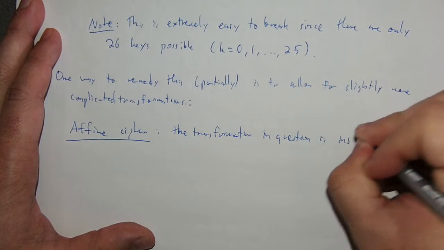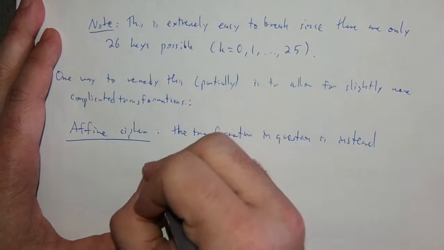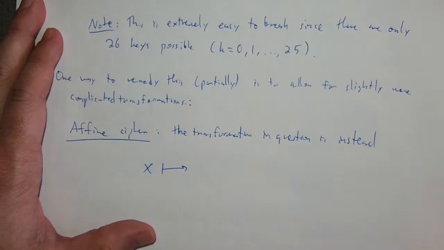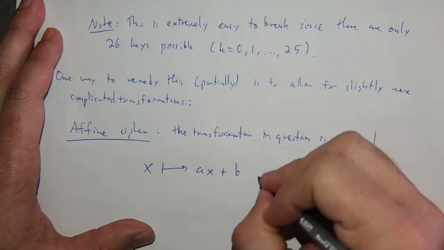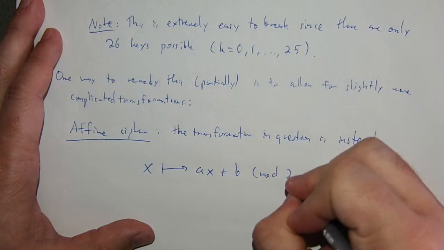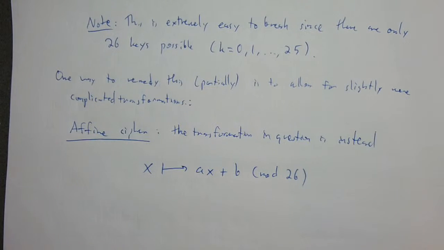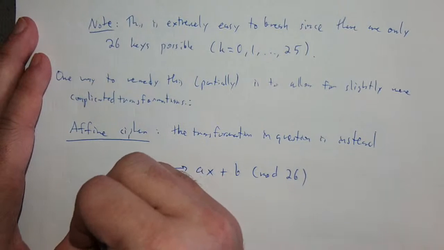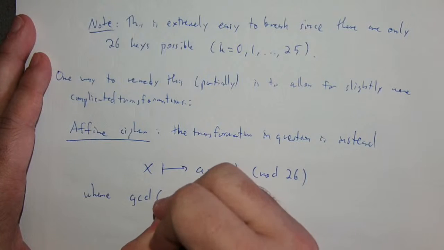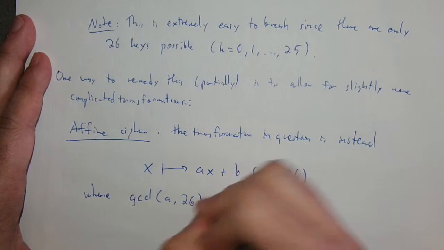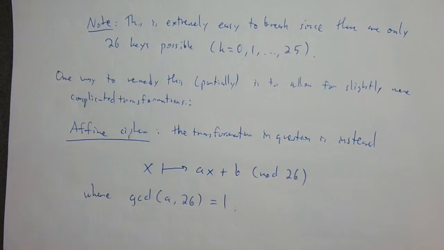Instead, X gets sent to AX plus B mod 26, where the GCD of A and 26 is equal to 1.